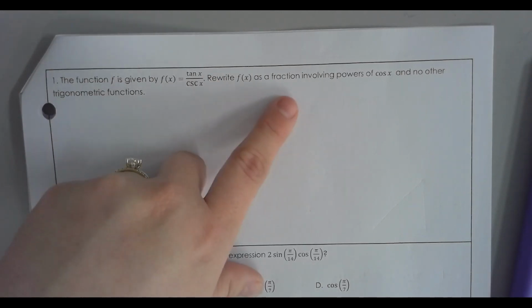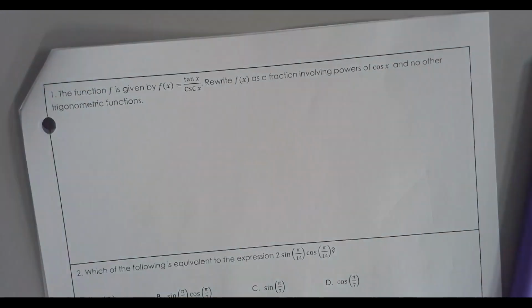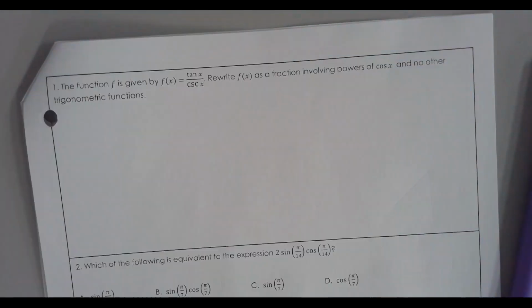Rewrite f of x as a fraction involving powers of cosine and no other trig functions. So we've got to figure out how I can rewrite tangent over cosecant as cosine only. You might have multiple cosines, but you shouldn't have anything other than cosine.